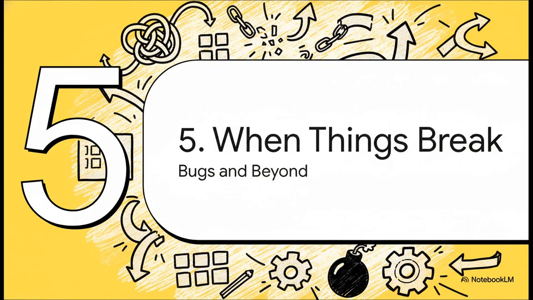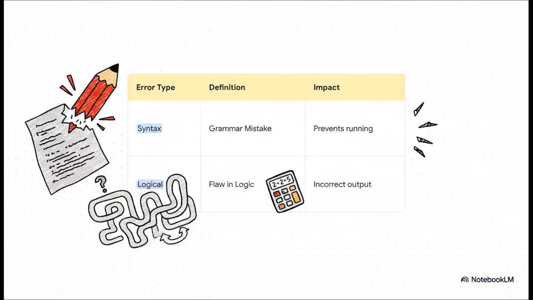Now, of course, this whole journey from an idea to a working app is, well, it's rarely perfect on the first try. And that brings us to the inevitable, sometimes frustrating reality of programming: bugs. These errors usually come in two main flavors. First, you've got your syntax errors. Those are basically just typos or grammar mistakes that stop the program from even running. But then you have the much sneakier logical errors.